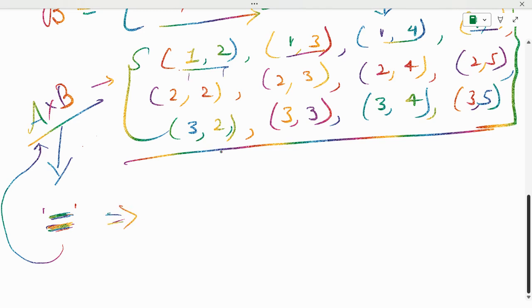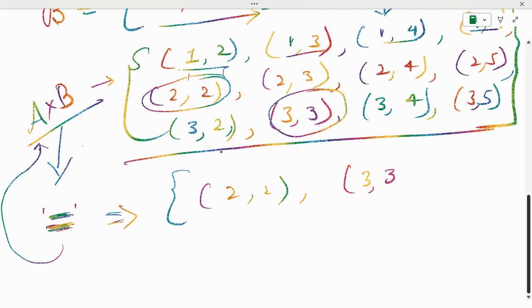If we define equal to, we obtain some ordered pairs in which the first element is equal to the second element. Do we have more? I don't think we have more. So it is (2,2) and (3,3). These ordered pairs are all called a relation in which the first element of the ordered pair is equal to the second element.